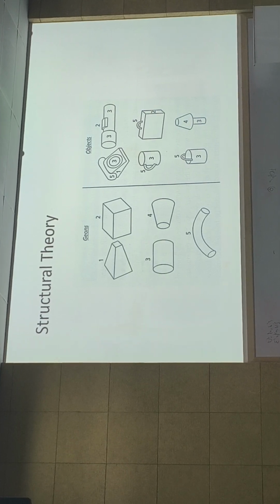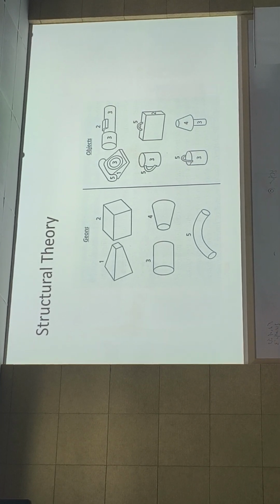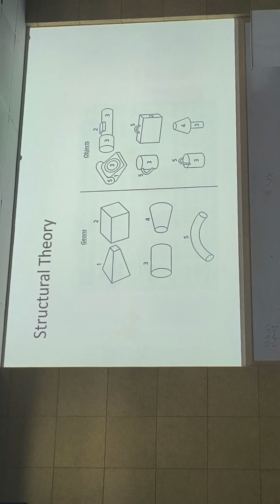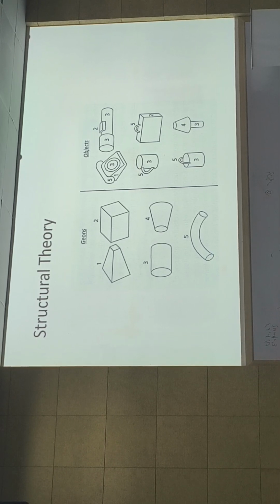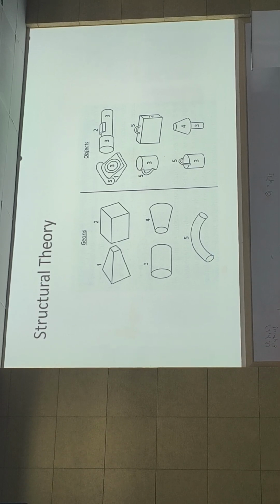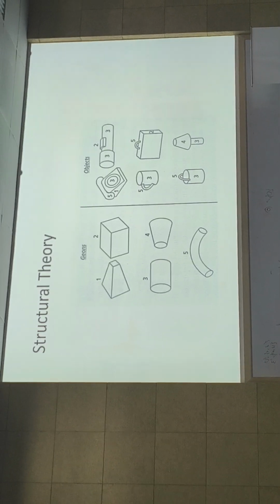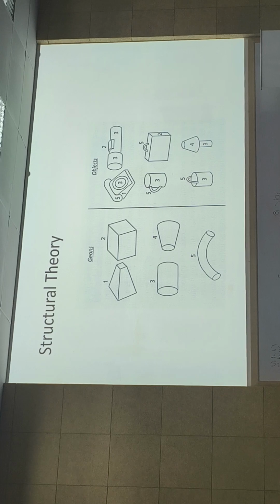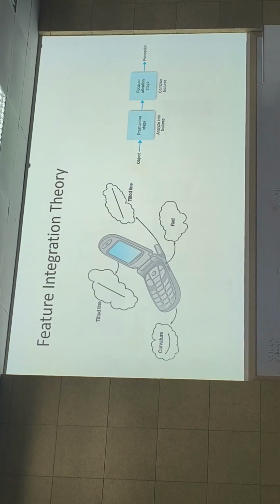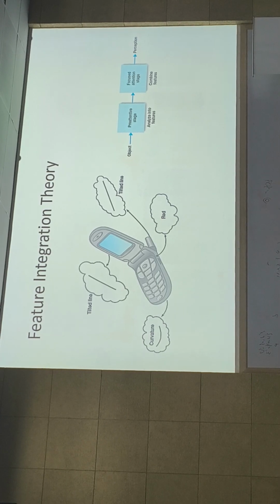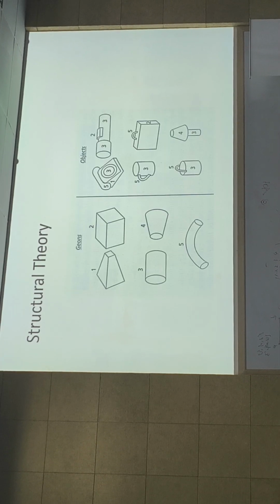That brings us to the structural theory. So in this structural theory, it's meant to be a better approach because we are able to separate the objects. To identify an object, we actually integrate these different combinations of features in an upgraded form called Geon, because this is basically the 3D format of the features that was introduced in the former theory, which is feature integration theory.